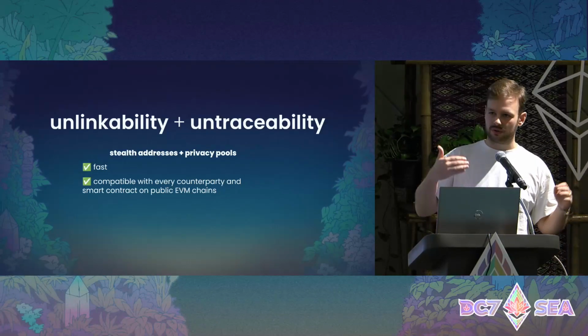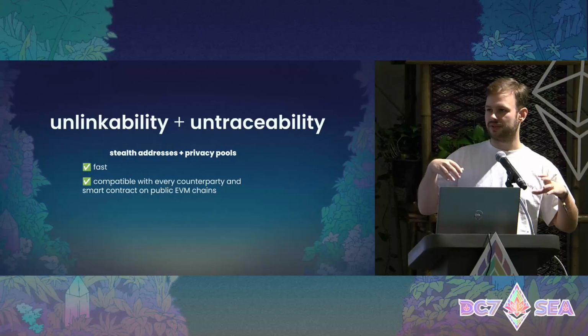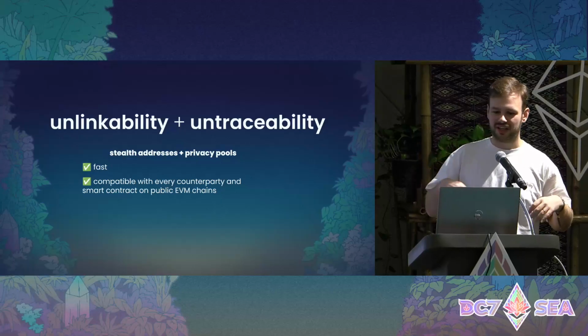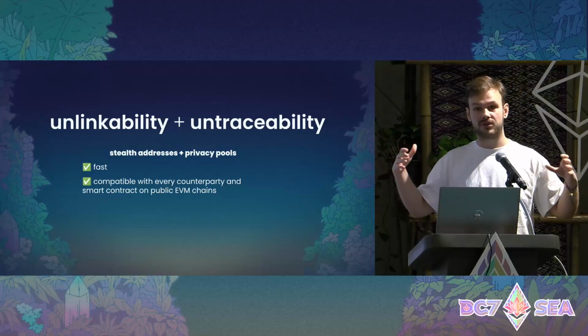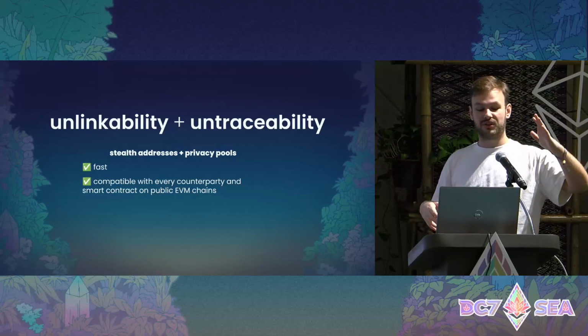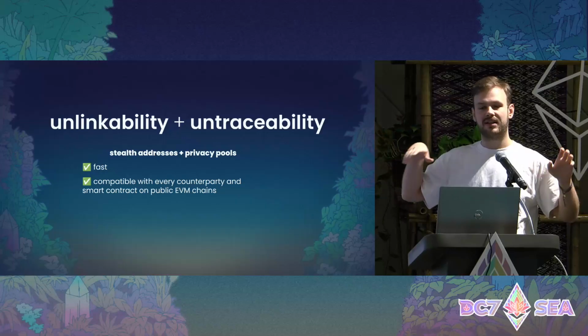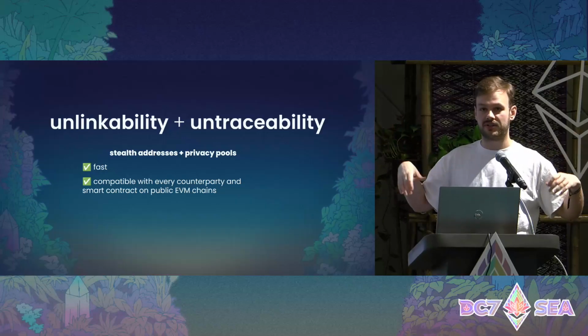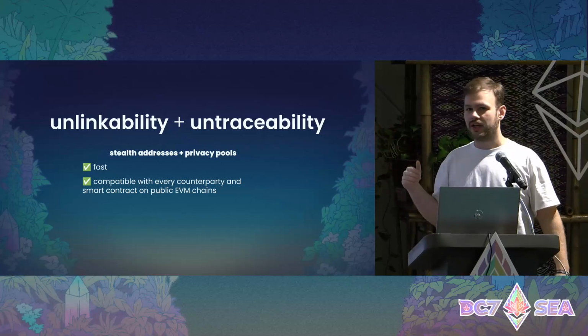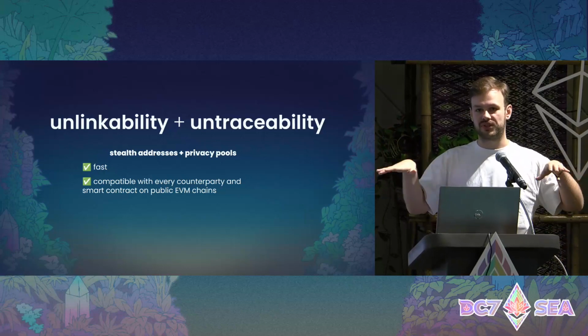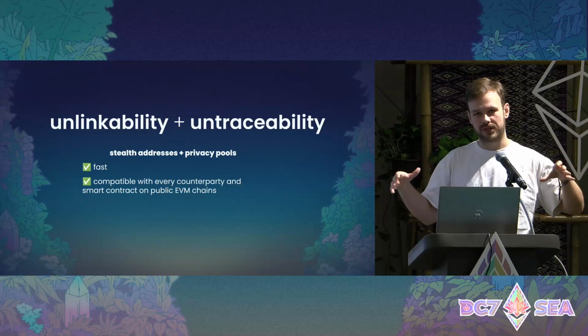But then if you want to break traceability on your end, say you receive $1 million and then you want to spend smaller amounts on the other side, you receive your $1 million into a stealth address, pass it through a privacy pool. On the other side, you can send that to many different stealth addresses of say $10,000 each. And then you can spend from those stealth addresses and just interact on chain with those addresses as well.